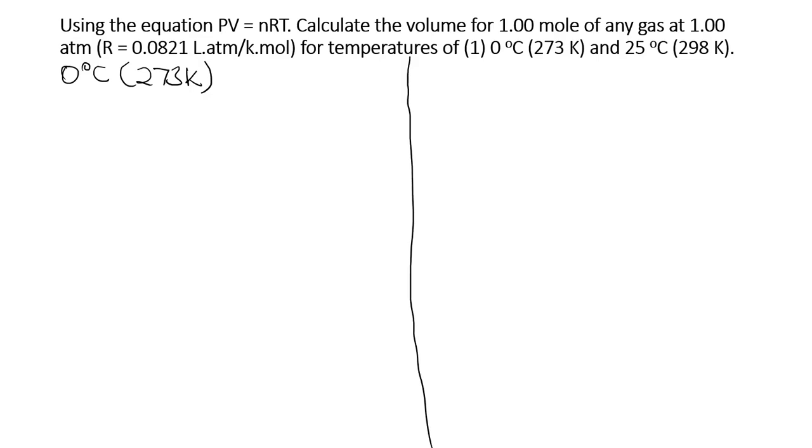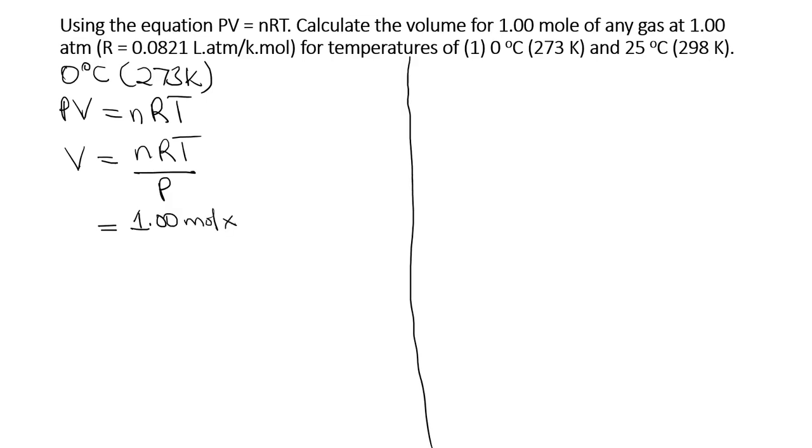For this one, we want to determine volume. So we are going to use the ideal gas equation, PV is nRT. Therefore, V is nRT over P. Now, n, the number of moles, we are given that it is 1 mole.